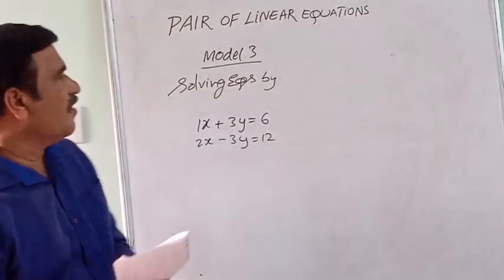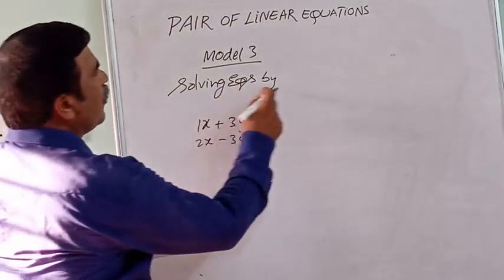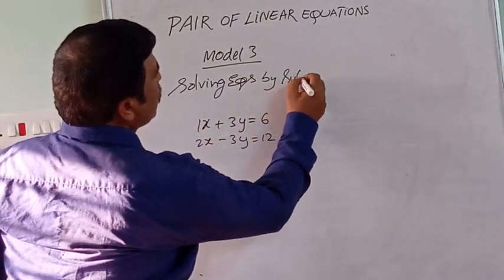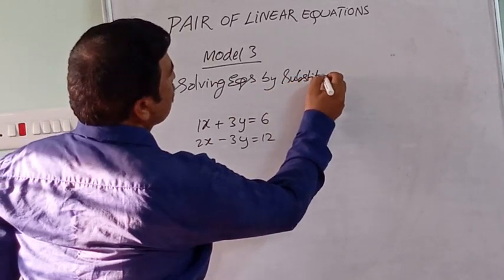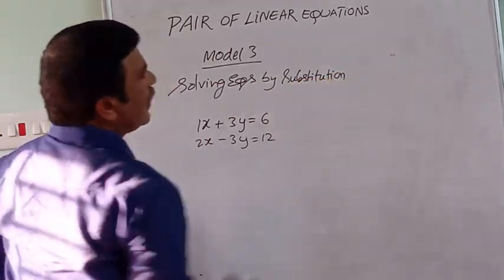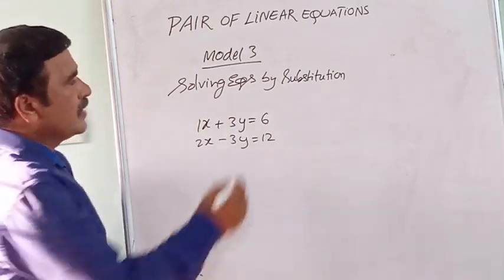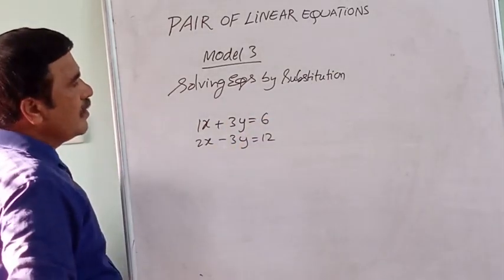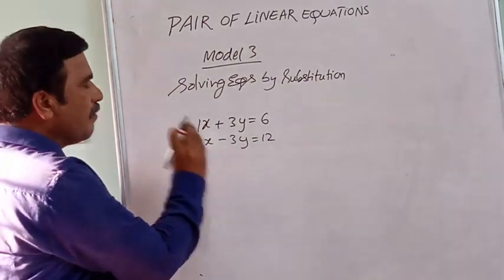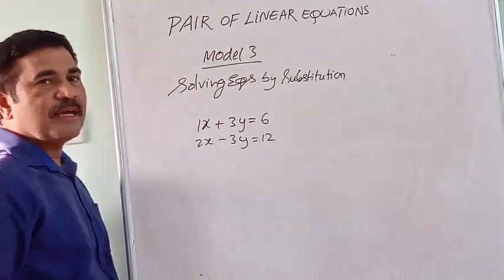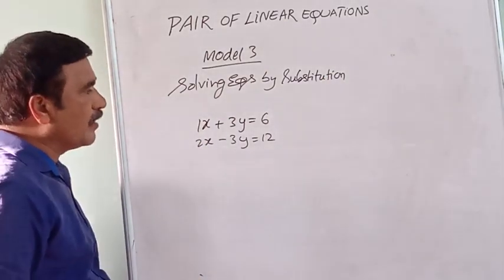To solve equations, we can do it by the substitution method also. Previously it was the elimination method, now it is the substitution method. Substitution means remove one variable and substitute in the second equation.